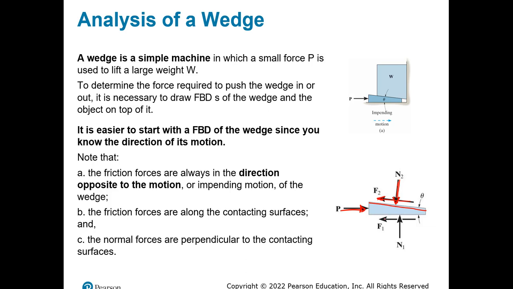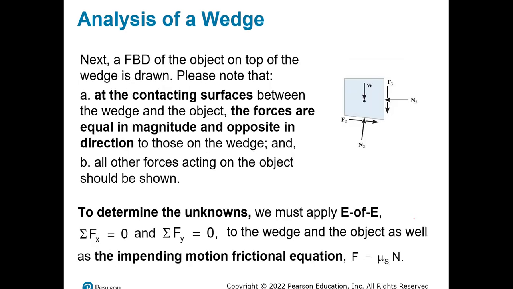And then we have a frictional force that goes between this side and the surface with which this side is in contact. And obviously there is a normal force perpendicular to that. Once you have that, after drawing the free body diagram, you have to calculate the unknowns by using the equations of equilibrium as we've been using from the beginning.